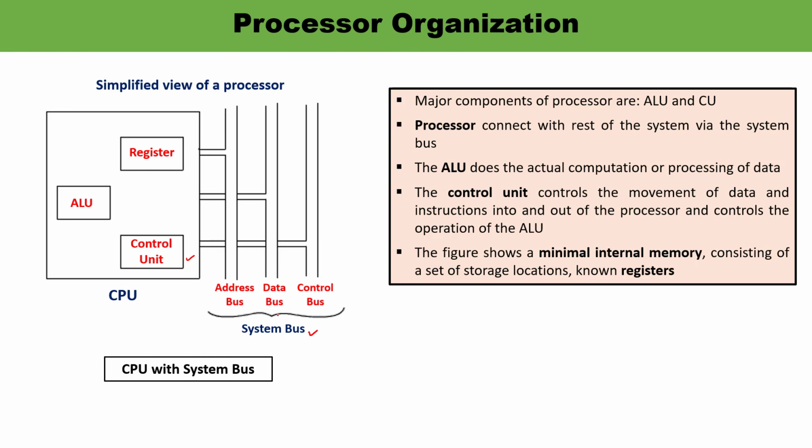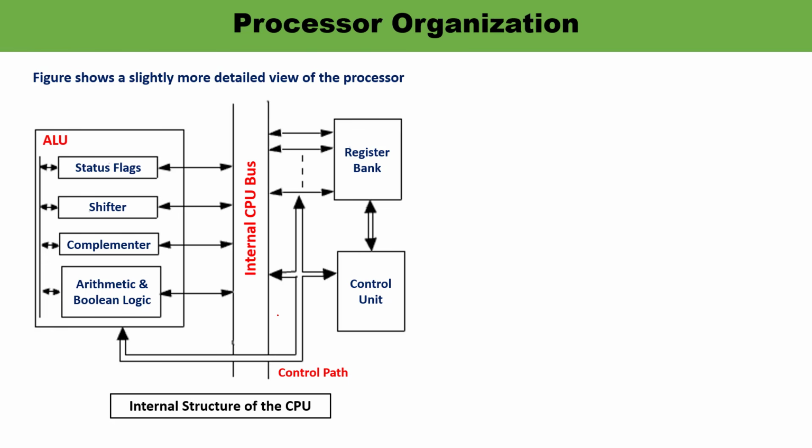Now let us have a look at a more detailed view of the processor. This is the internal structure. Here you can observe three basic components: the register bank, the control unit, and the ALU. These are the three important, basic components of the CPU.